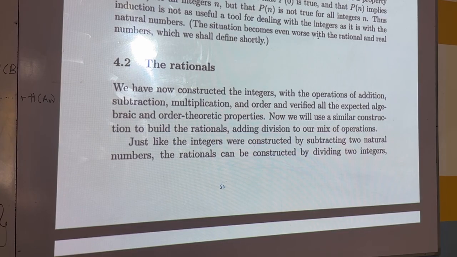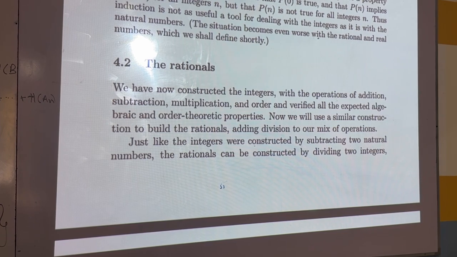Now here he is defining rationals. They come after reals. After defining rationals, absolute value and exponentiation, reals, real numbers, he is defining the next chapter. Okay, doesn't matter.